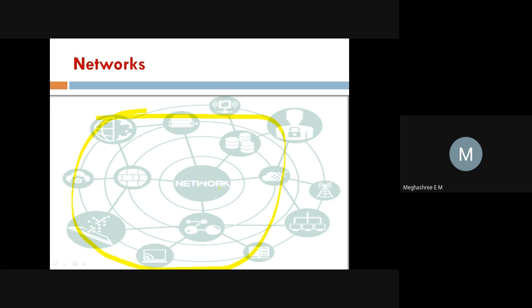So looking at this image, you can define network. Anyone? Which connects every aspect of the society, ma'am. Yes, connects everything. Any other definition for network?